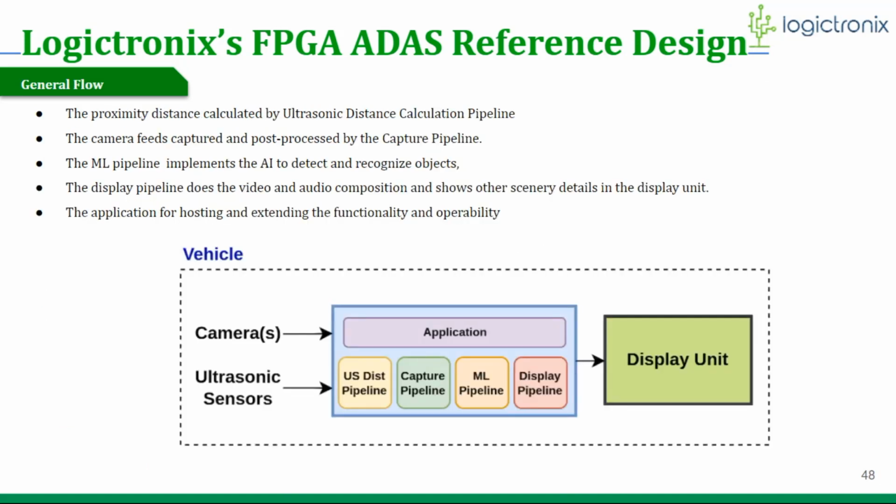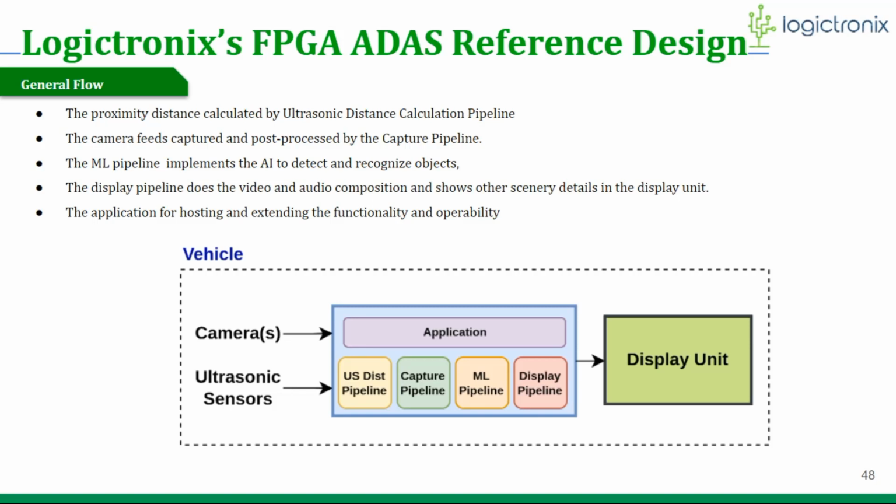Okay, let's understand its flow. The camera feeds can be captured and post-processed by the capture pipeline. The proximity distance is calculated by the ultrasonic distance calculation pipeline.